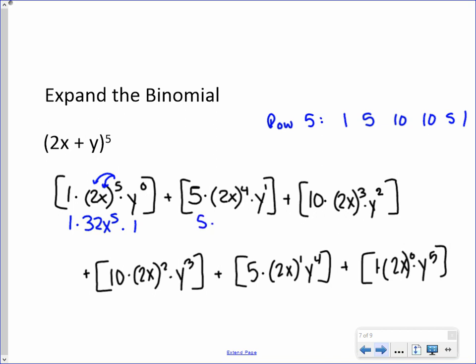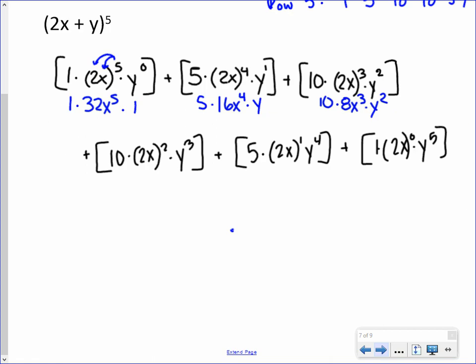This is 5 times 16x to the 4th times y. This is 10 times 8x cubed times y squared. Ten times 4x squared times y cubed. 5 times 2x times y to the 4th.